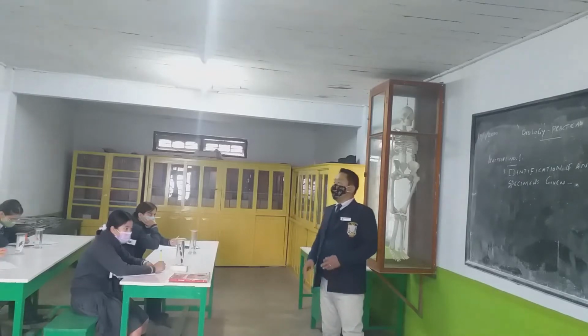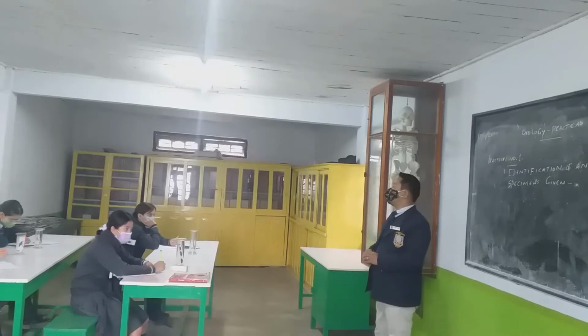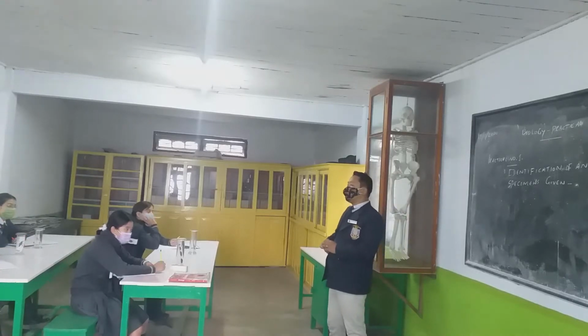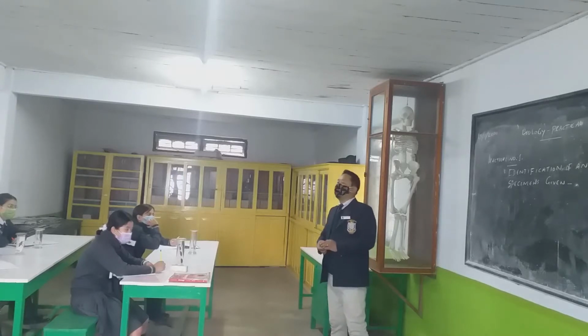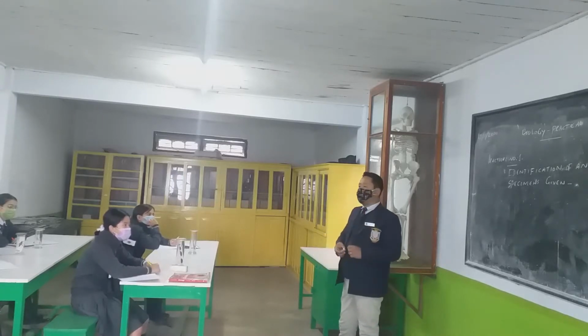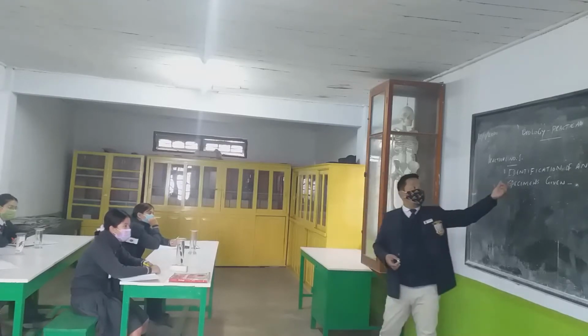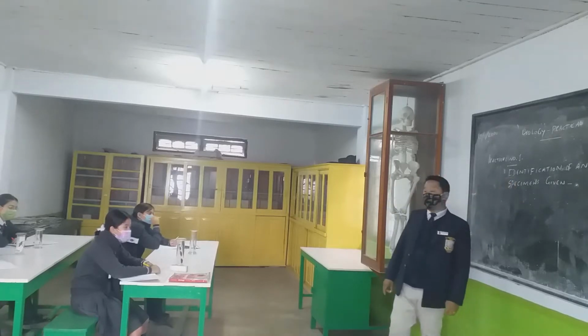Today in this session I have taken some specimens which in majority belong to Invertebrata, but one or two I see from the Vertebrata also. As the topic suggests, it is identification of animal specimens.